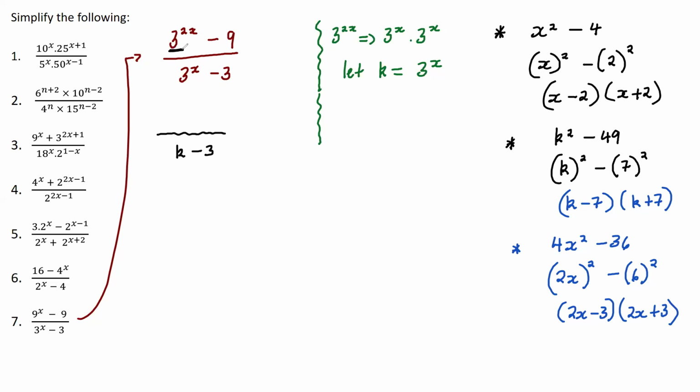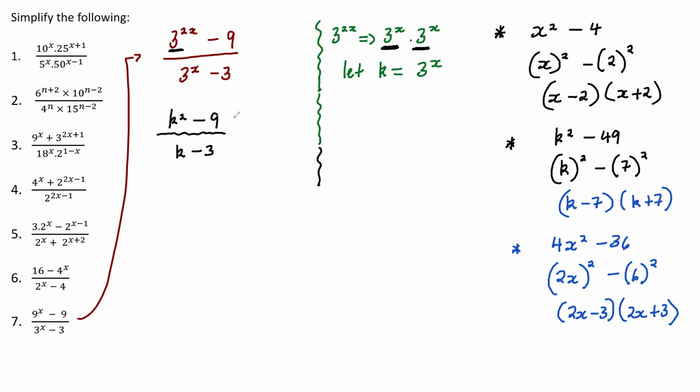At the top here is 3 to the power 2x, and 3 to the power 2x is like 3 to the power x times 3 to the power x. What is 3 to the power x? K. It's like k times k, which is basically k squared minus 9. I'm hoping we're getting this.